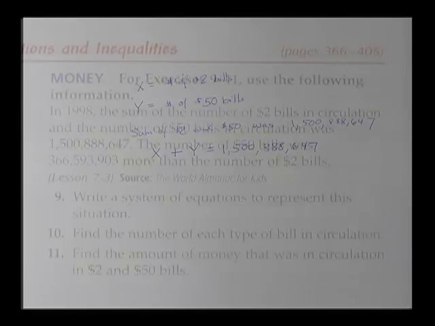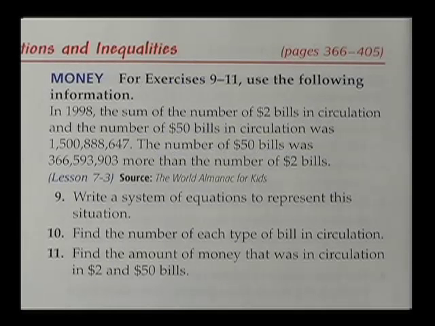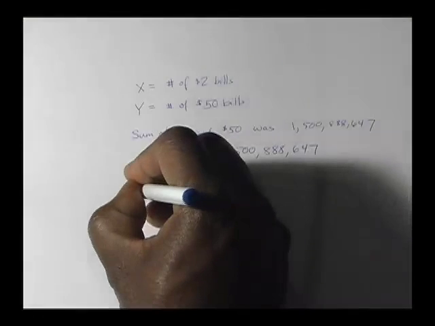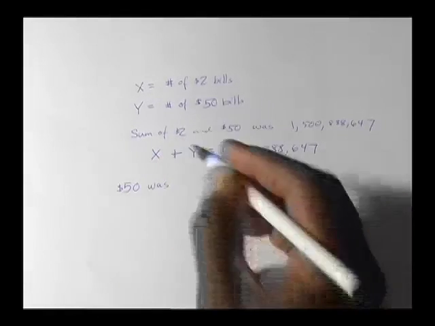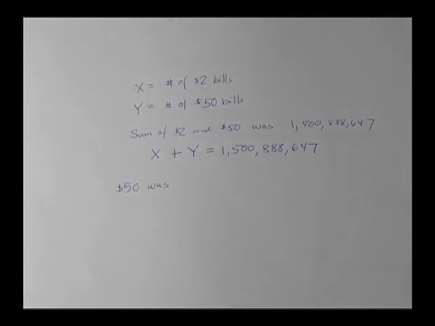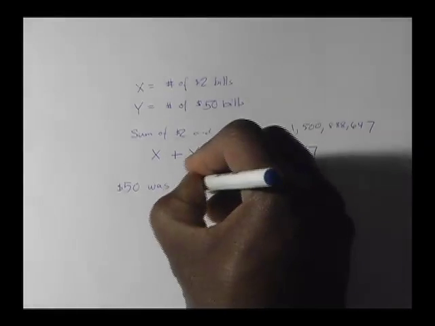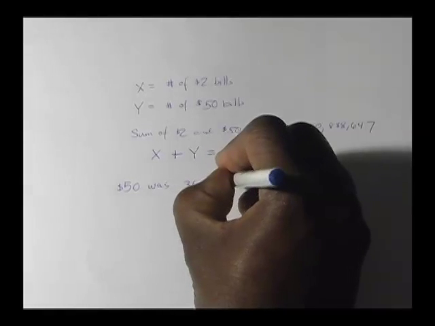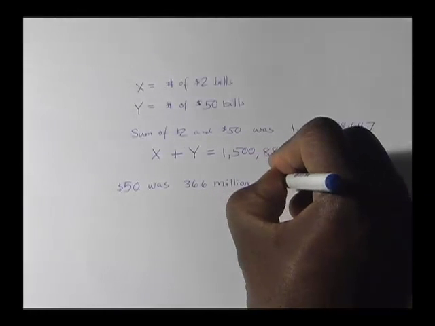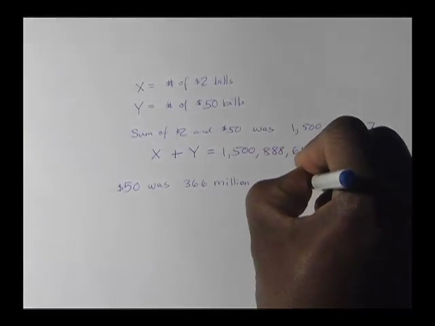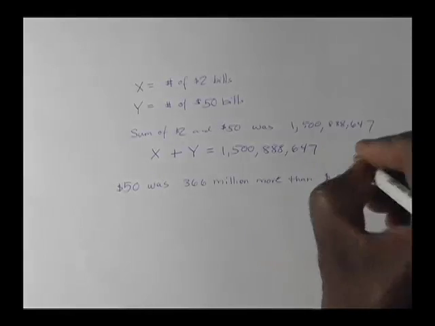What else does it tell us? The number of $50 bills was 366 million more than the number of $2 bills. So the number of $50 bills was 366 million, I'll abbreviate that a little bit, more than the number of $2 bills.